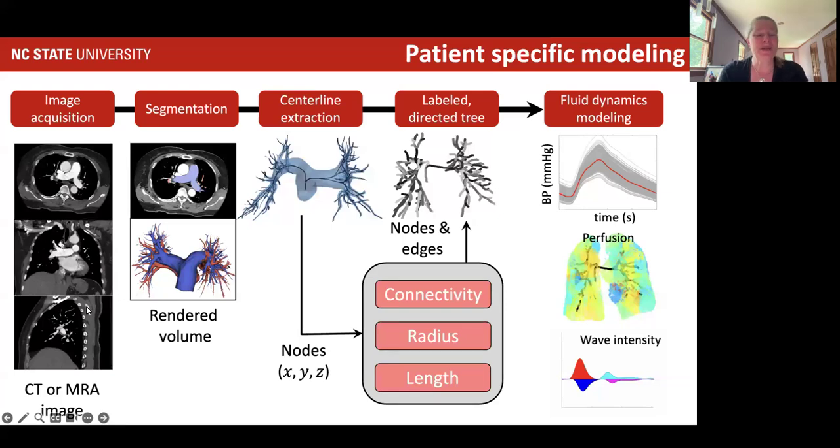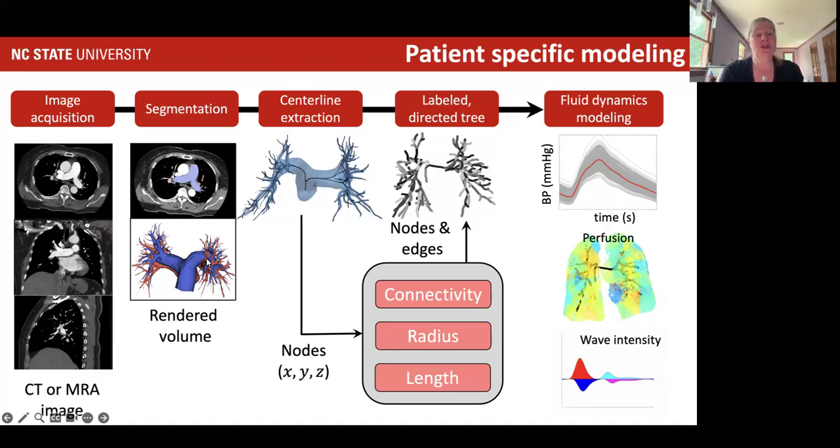I say art because when it comes to segmenting networks, it's really, really challenging. And the current AI methods are really not very good at it, especially if it's a lung.